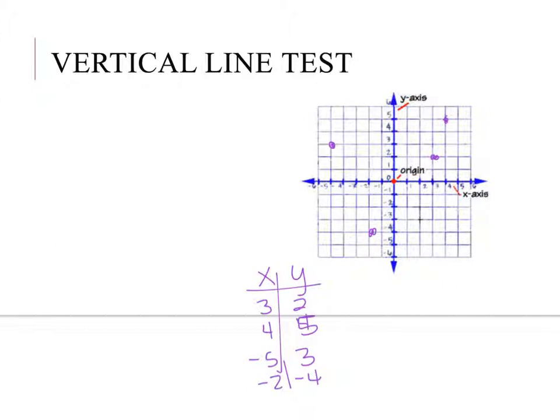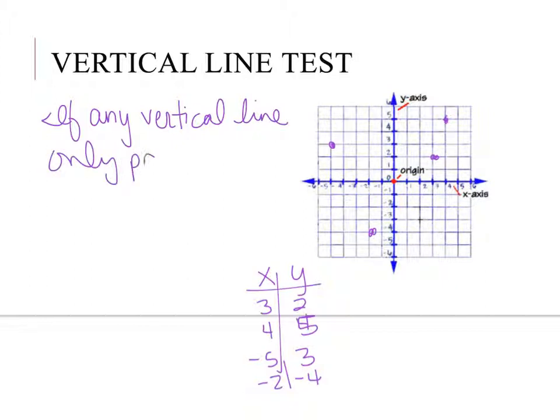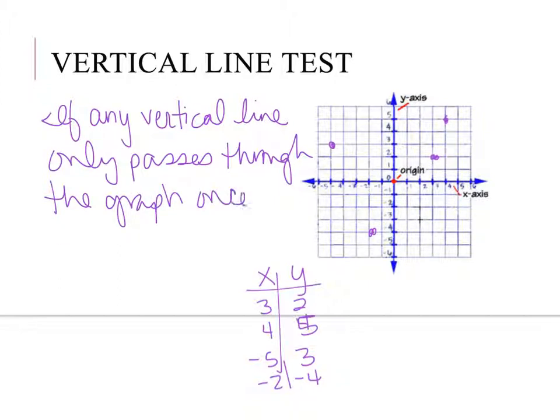So if we write: if any vertical line only passes through the graph once, then the relation is a function.